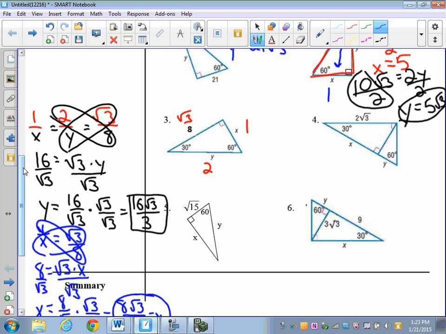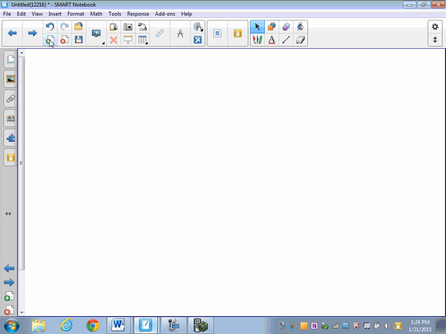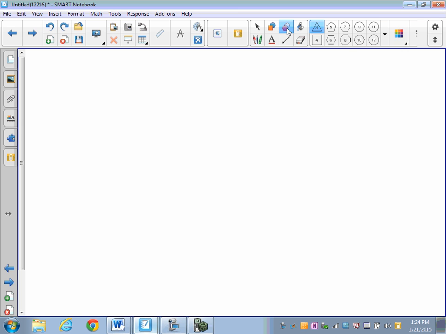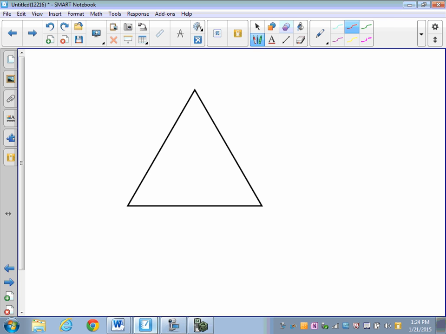But you should be able to see the 30, 60, 90 triangles in all of these. One thing that trips a lot of people up that is a 30, 60, 90 problem is any problem that has an equilateral triangle. So this is an equilateral triangle.